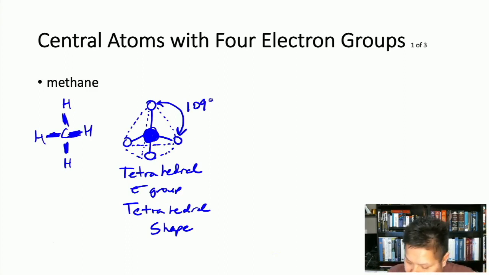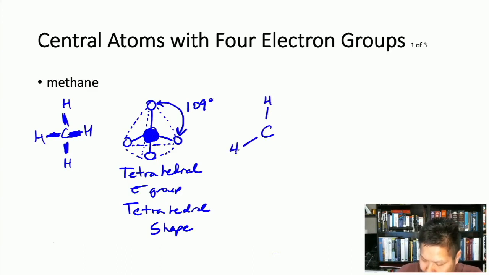There's an easier way to draw this so that you don't have to be an expert at drawing 3D molecules. Most chemists will just draw it this way, where they have C in the center, right? The hydrogen that's going up will just be the same as it was in the Lewis structure, but then this hydrogen will bend down a little bit over here, and when you have a wedge that looks like this, that means that the hydrogen is coming out of the page, right?